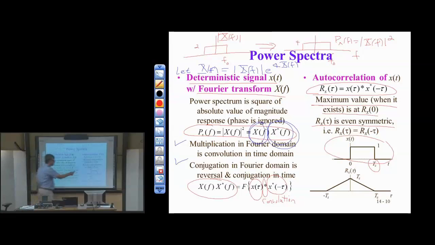So I get x of t, and I'm convolving x of t with the flipped version of x.